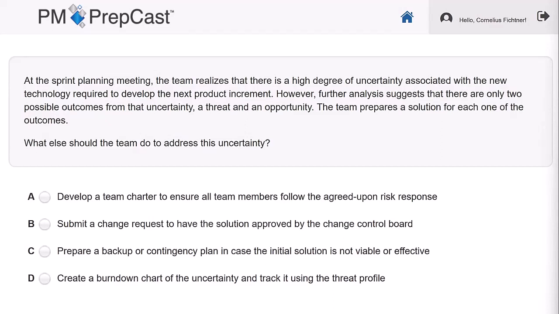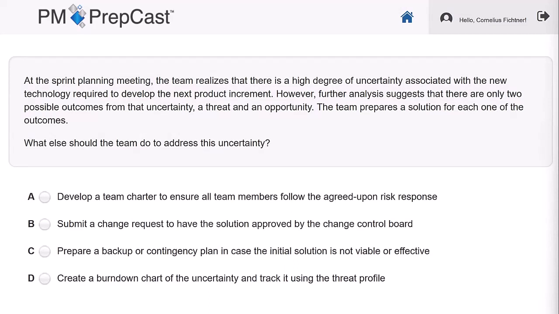However, further analysis suggests that there are only two possible outcomes from that uncertainty: a threat and an opportunity. So the team prepares a solution for each one, for the threat and for the opportunity. What else should the team do to address this uncertainty?